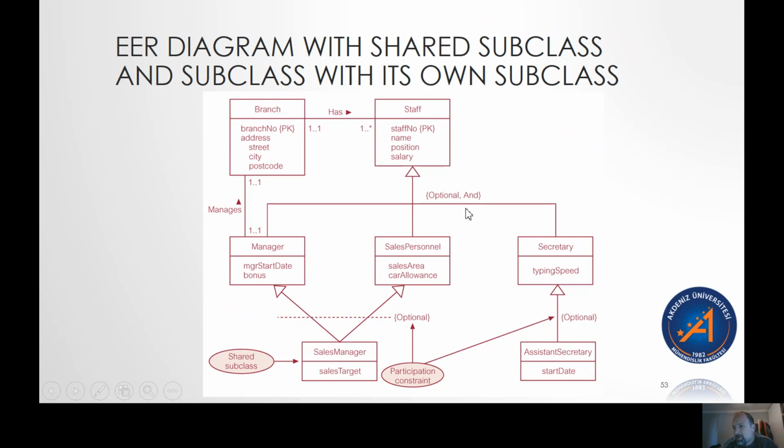And because all of these are optional, you could have a person that is a sales manager, assistant secretary. That would be really weird, but it is possible, because a sales manager could exist and that sales manager could also still be a secretary, so a sales manager secretary is possible. A sales manager assistant secretary is possible. That would be very strange, but I guess it would be possible. Okay. All right.